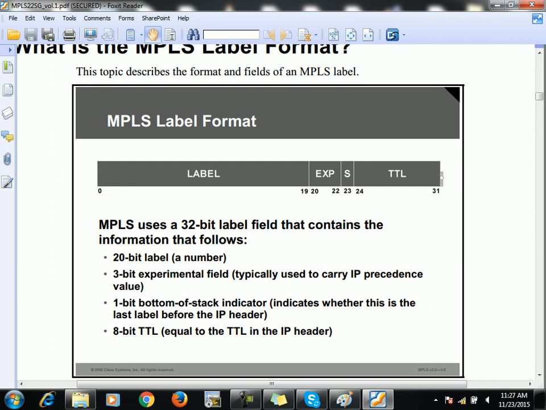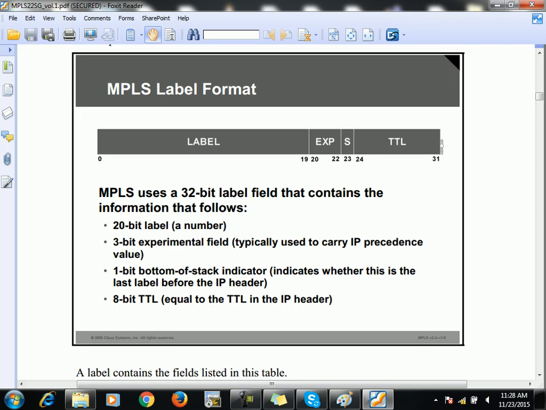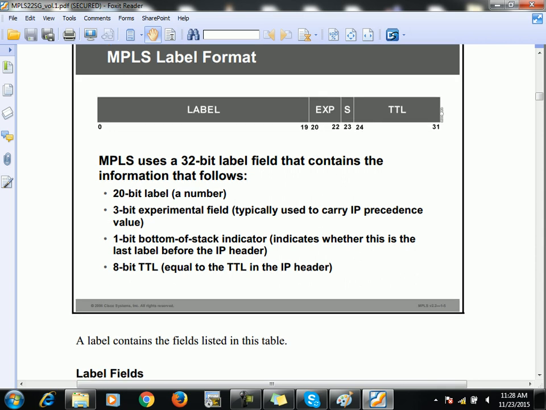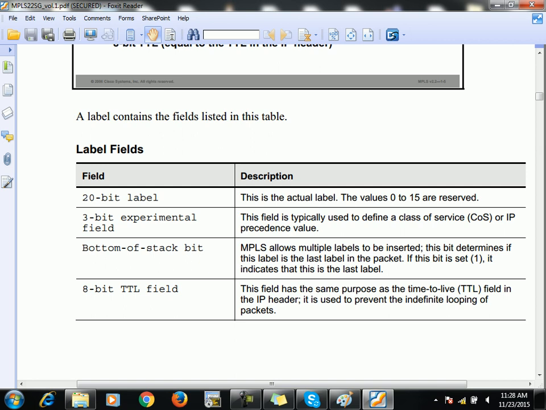Understood? So total 32 bits are there. You see, bottom of stack bit: if it is 1, which means this is the last label, and then the IP header will start.